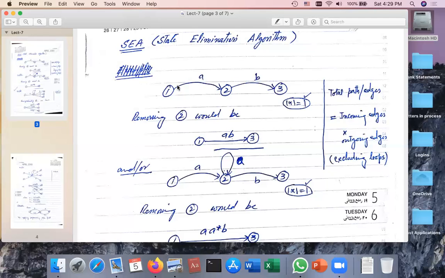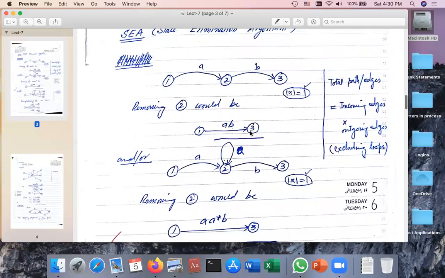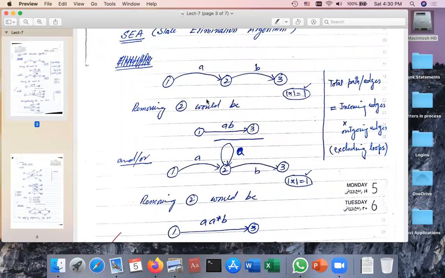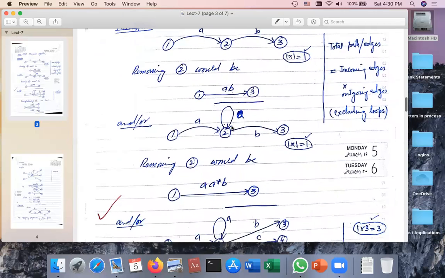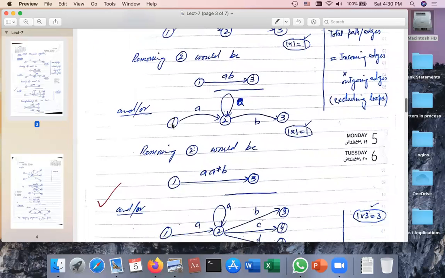And I have to look over the inputs, which is A, and then after that it's B. And then you can write it in concatenation that from 1, after taking AB, I will reach 3. So this is very much the same FA with respect to this one. And this is also the regular expression AB for this FA. Okay, this is just a short example, but now this is another case, another example.